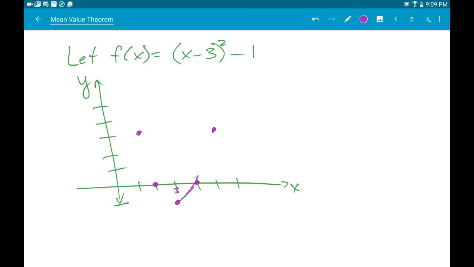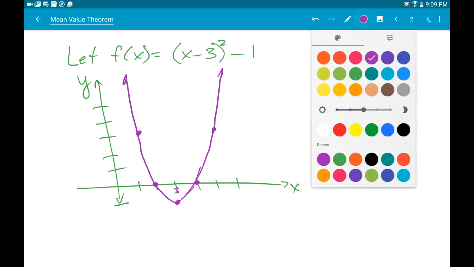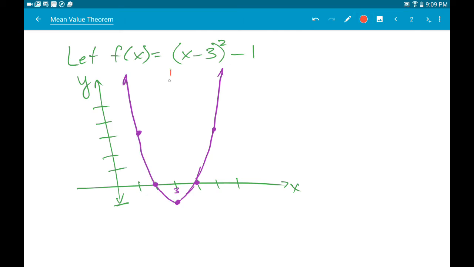And we'll connect our dots. And freehand in this, so bear with me. And we'll put a little axis of symmetry in there. Add a little flare. We got our negative 1 down here.